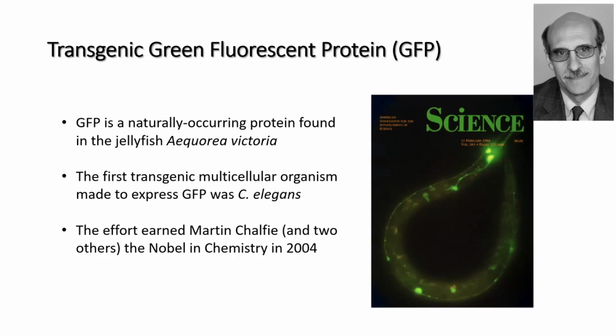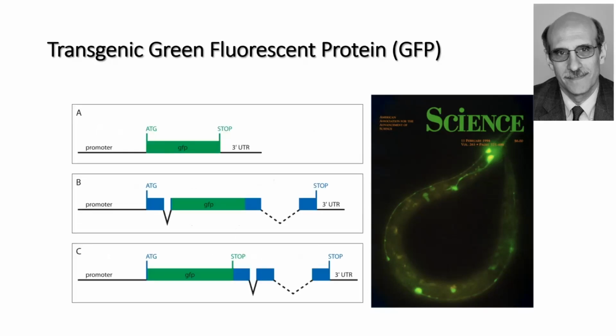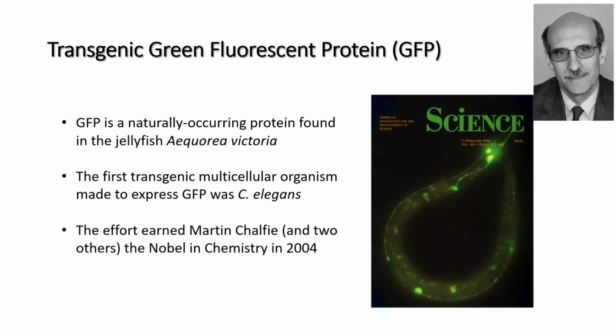Then she left the lab to do something else, and he turned it over to his technician, who managed to clone the GFP gene into C. elegans. So the first multicellular organism to have a fluorescent reporter gene integrated into its genome was C. elegans. And this is the cover of Science in February 1994.